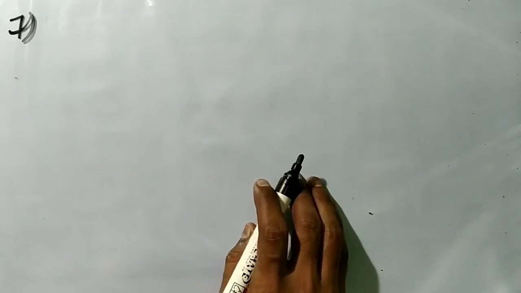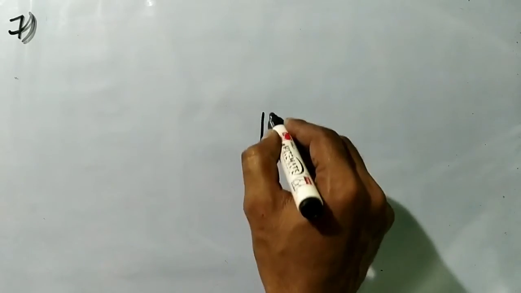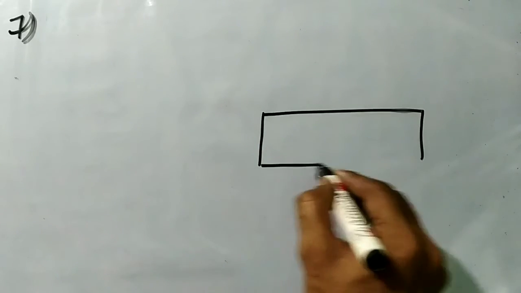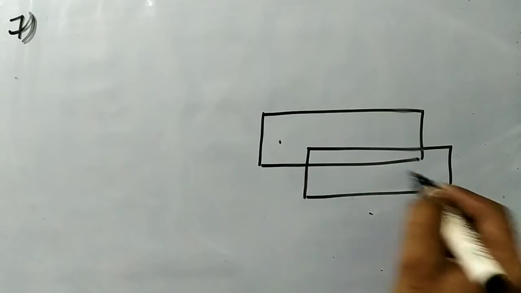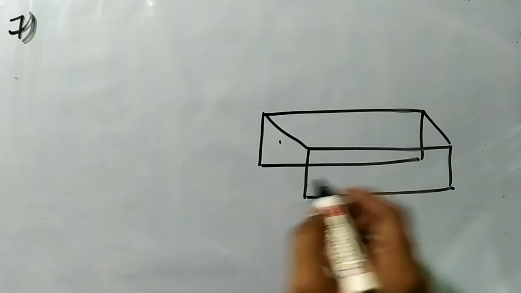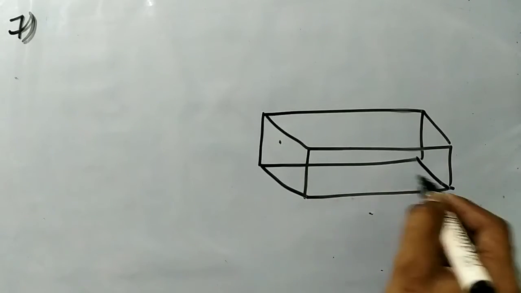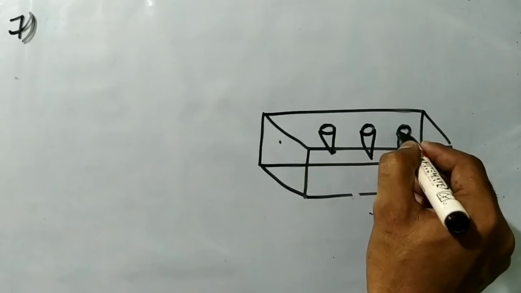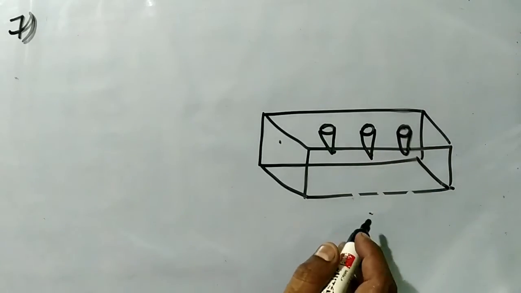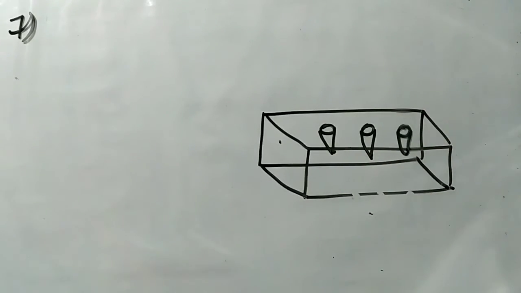So in the question they have given a cuboid, which is called a pen stand, with 3 depressions, and we have to find the volume of the entire stand.